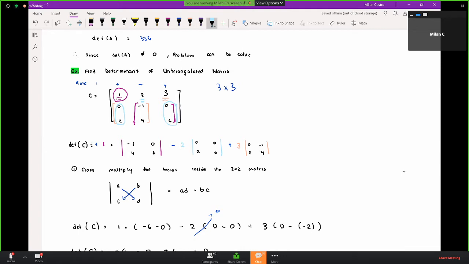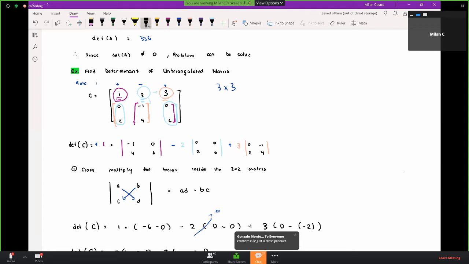And then we form a new little determinant with all the numbers not in its row or column, so we're using 0, 2, and 0, 6. And then for our last term, 3, we exclude all the values in its row and column, and we have 0, -1, 2, and 4.